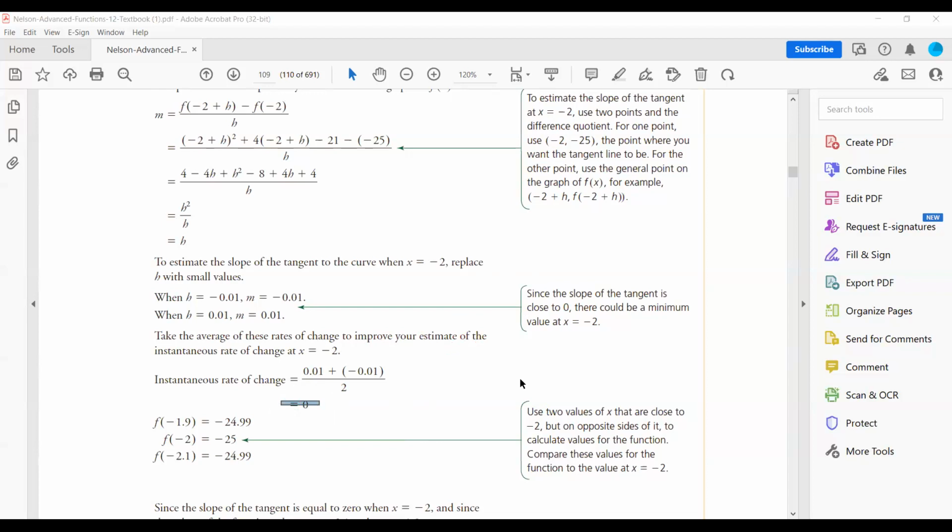So use two values of x that are close to negative 2 but on opposite sides of it to calculate values for the function. Compare these values for the function to the value at x equals negative 2. And we can see that the function takes literally the same value on the left and right-hand side.